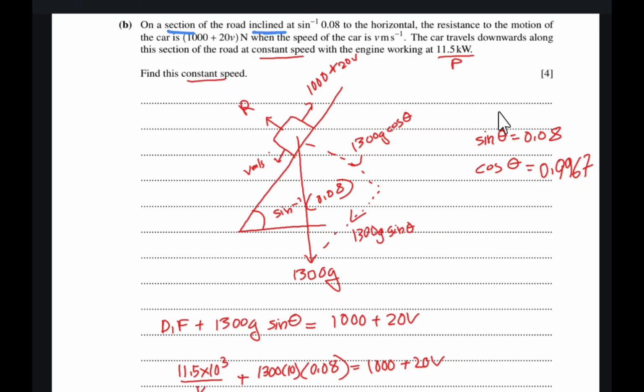Since we have been given the sine inverse of 0.8 degree, that means we have been given the value of the angle. So theta is sine inverse of 0.8, so sine theta is equal to 0.8.